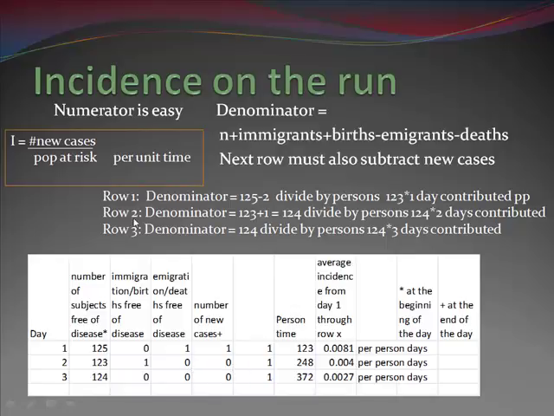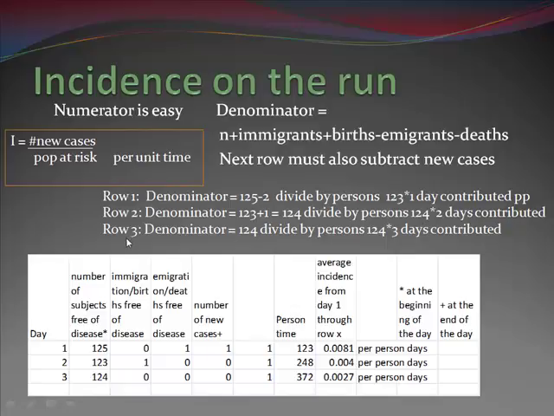Therefore, the denominator for calculating incidence at the end of row 2 will be 123 plus 1, which equals 124, times 2 days contributed per person, because we're now counting day 1 and day 2. So that leads to 248 person days that have been contributed thus far. So the denominator here is 124 persons times 2 days contributed per person.